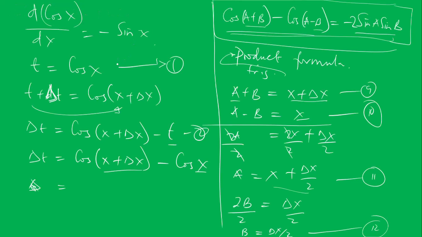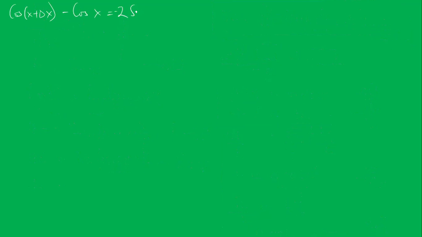Now we have cos of x plus delta x minus cos x is now equal to minus 2 sine of x plus delta x over 2 times sine of delta x all over 2.